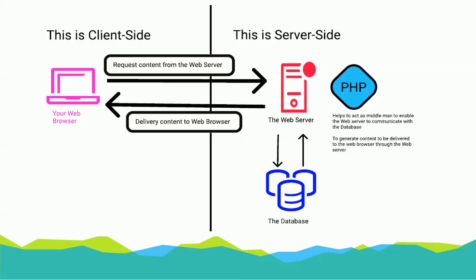The part where the web browser is located is what we call the client side, and the part where the web server is located is what we call the server side.